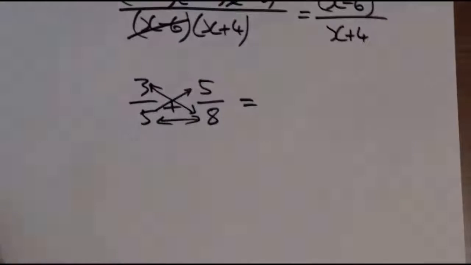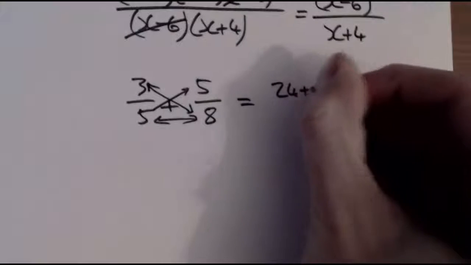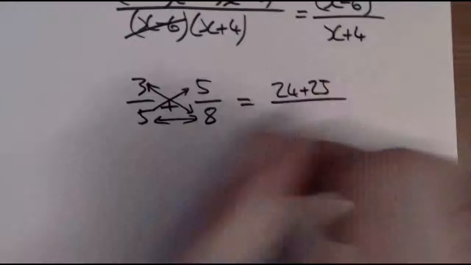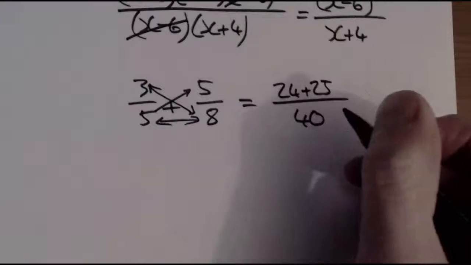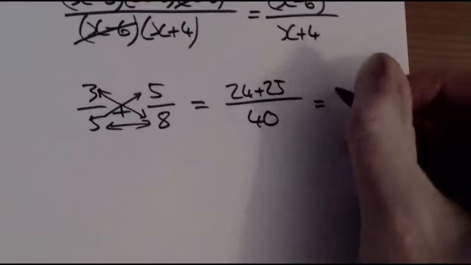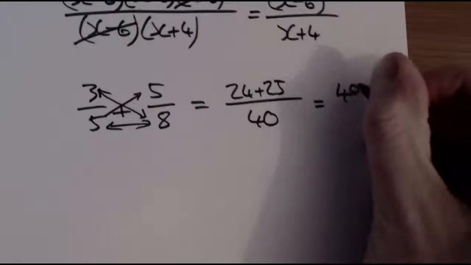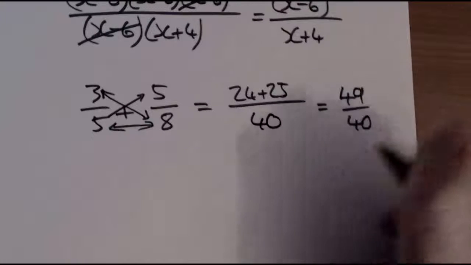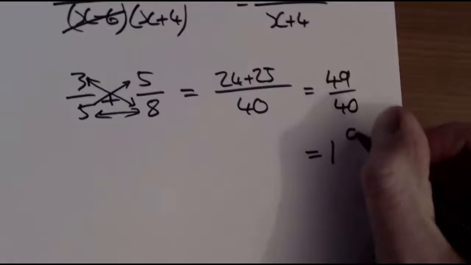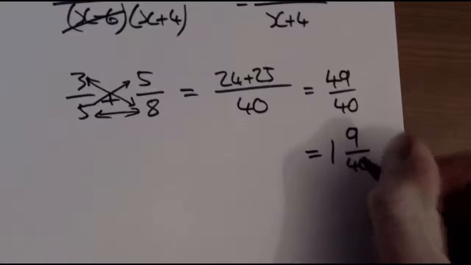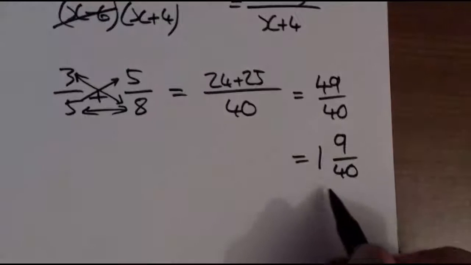Well, actually, may as well answer the thing. So that's 24 plus 25, divided by 40, and that equals 49 divided by 40, which is equal to 1 and 9/40ths, as it were.